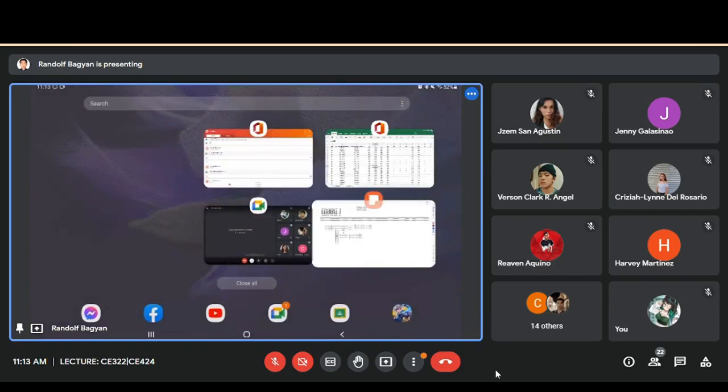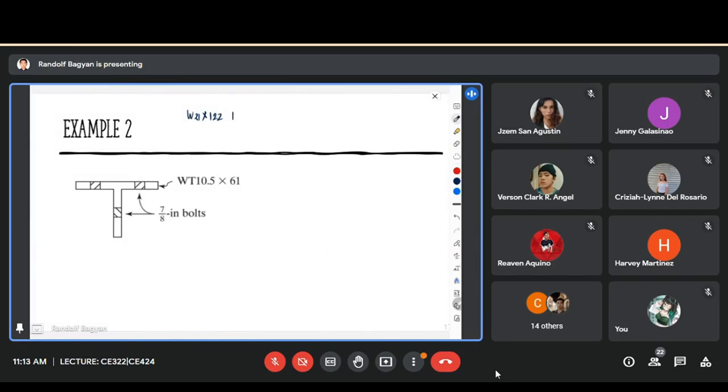So area is equal to 23,200. So that's for the W section. Kapag WT na, edi ang gross area niya would be half of 23,200 kasi hinati lang naman siya. So 23,200 divided by 2, that is equal to 11,600 square millimeter.